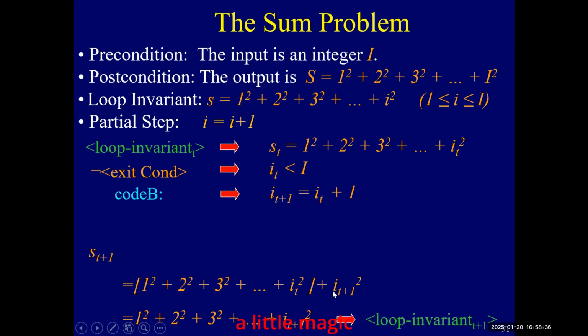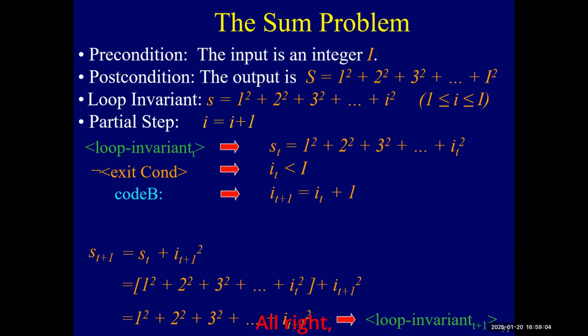And we're doing a little magic when we got here, because this is I_{t+1}, and then we noted that we would take this and replace it by that, so that this is the previous term. There was some magic happening in there. Everybody see that magic? Maybe we'll update the slides so that magic is not so hidden.